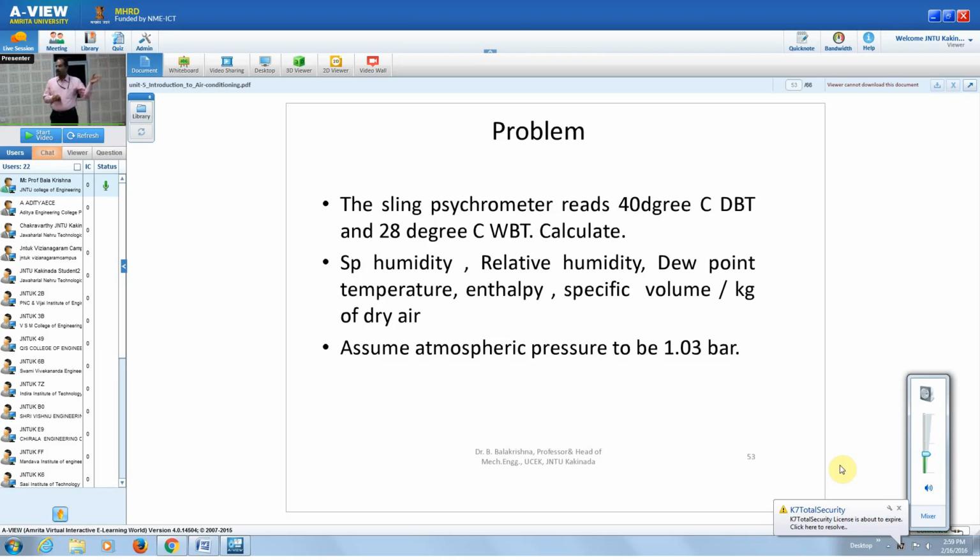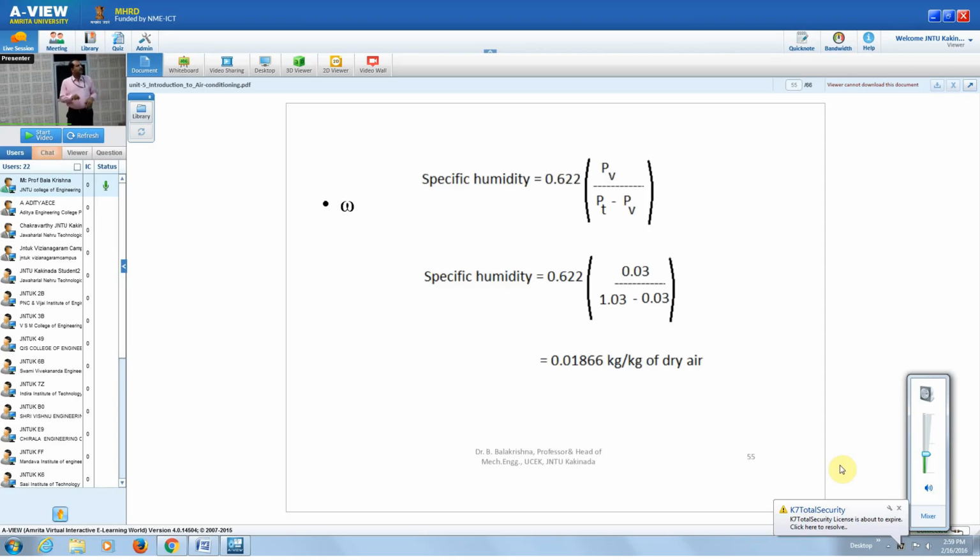Then to calculate all this, I think it is easy. You can calculate it graphically. And here assume the atmospheric pressure 1.03 bar is given. This is the analytical problem.